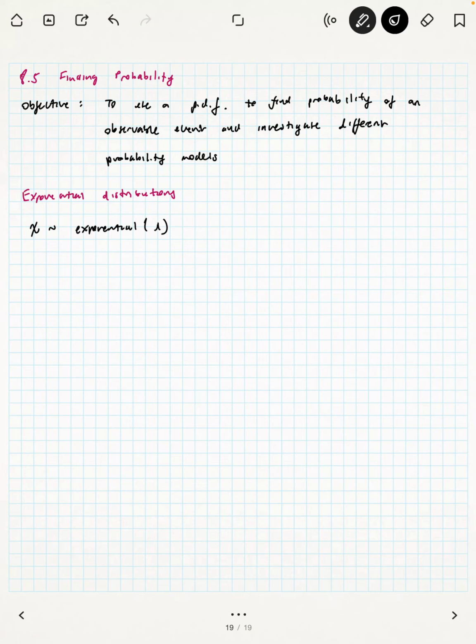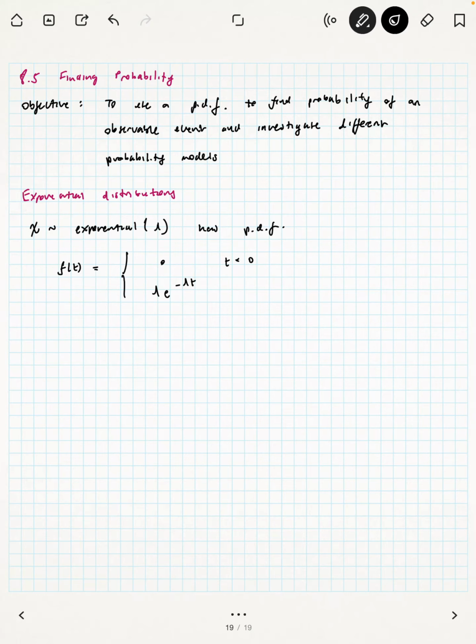And here it has a PDF, f of t equals 0 if t is negative, so we don't care about negative time. On the other hand, if t is positive, then the PDF is lambda times e to the minus lambda t.